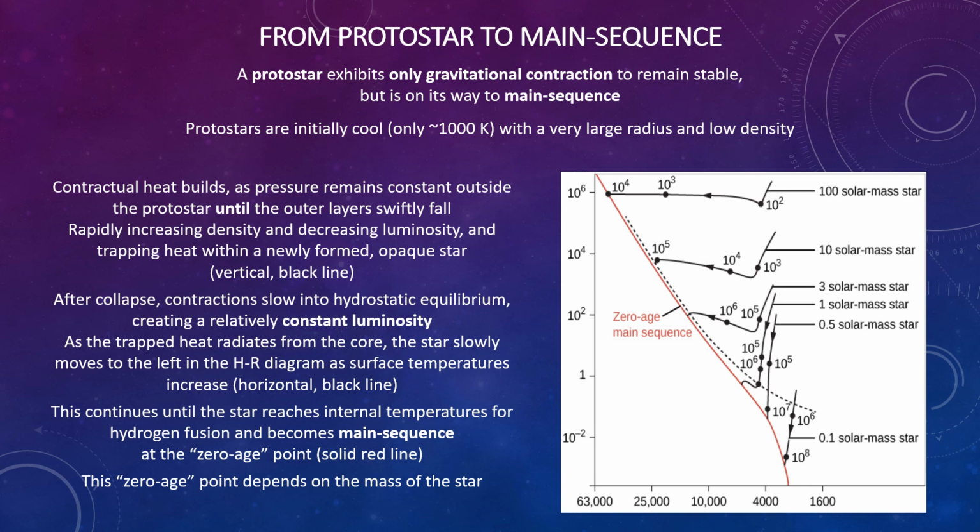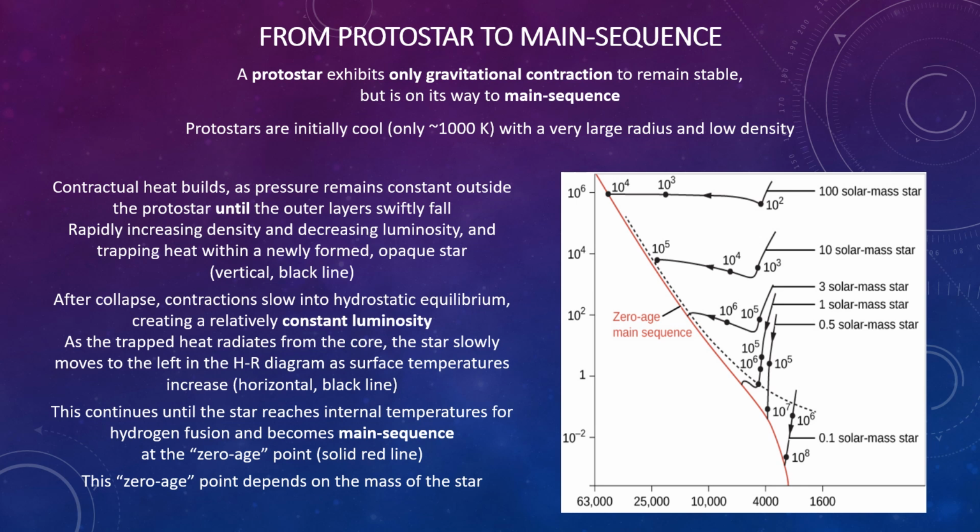And this is where we see the vertical black lines on this diagram right here, during this contracting and then outer layers falling down stage. After this contraction and after the collapse, this slows down until we reach some hydrostatic equilibrium. That is, the internal and external pressures and forces are equal, and this gives us a relatively constant luminosity.